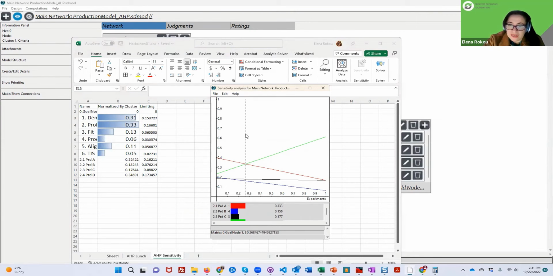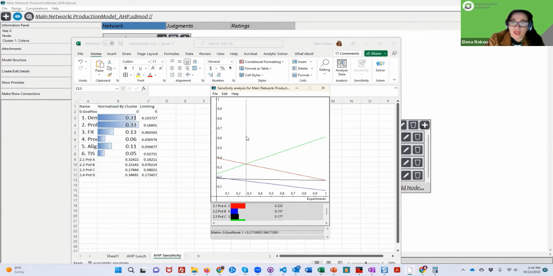The cross point tells me that at 26%, when the priority of demand is 26%, there is a change in ranking, a rank reversal. Instead of having the red product A be the best one, product D, the green one, becomes the best one.